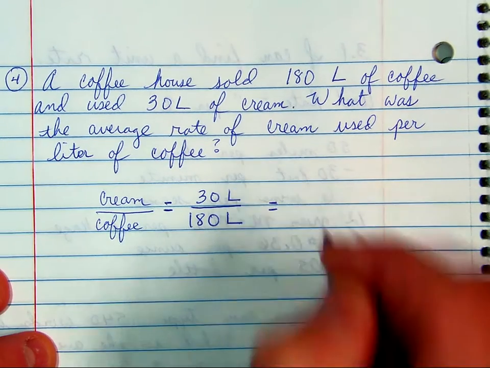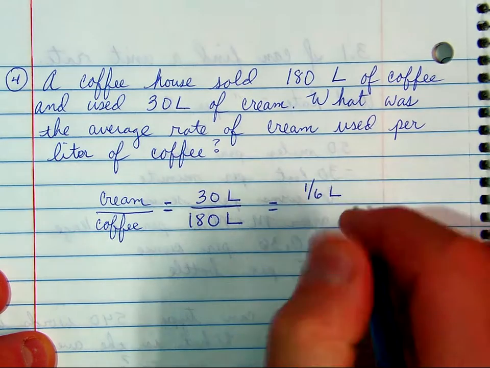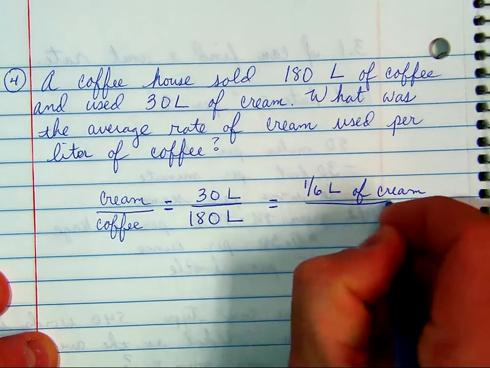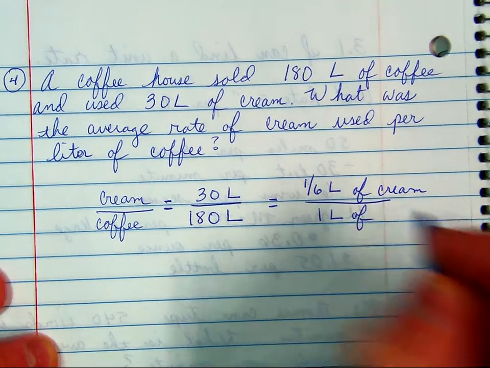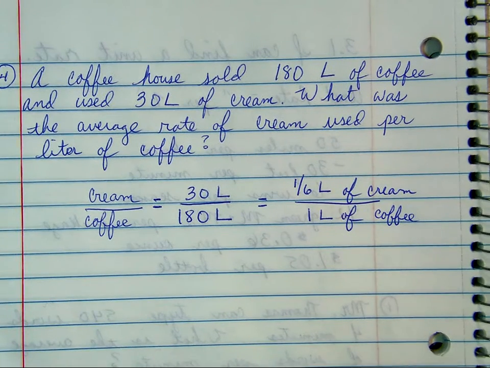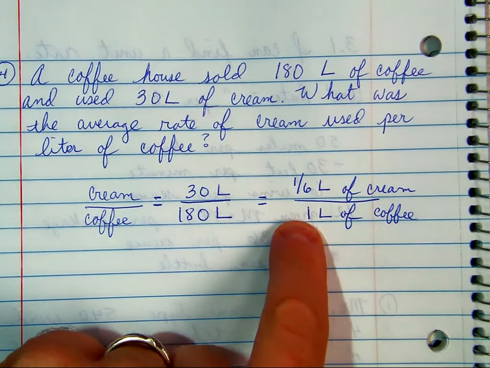And we will get 1/6 liters of cream per 1 liter of coffee, which makes way more sense. Here's a liter, here's a 1/6. Okay, that's about right. All right, maybe some people have parents that might be a little bit more than a 1/6. Okay, but this is comprehensible. That makes sense.